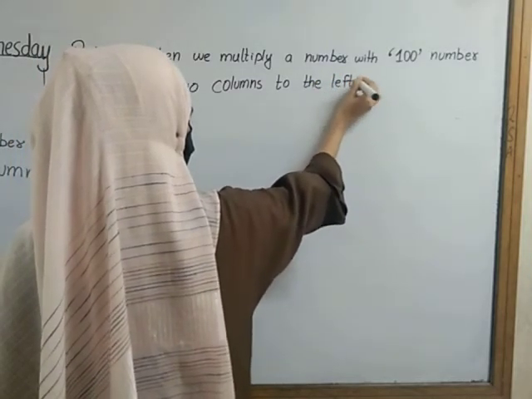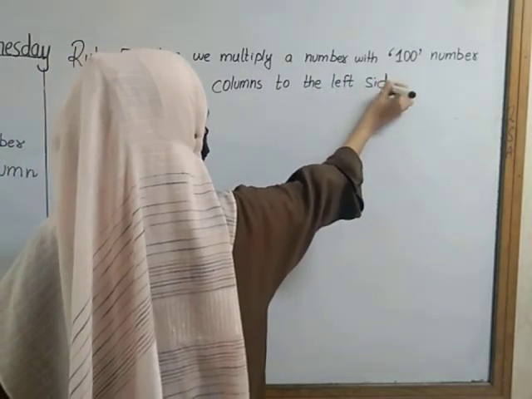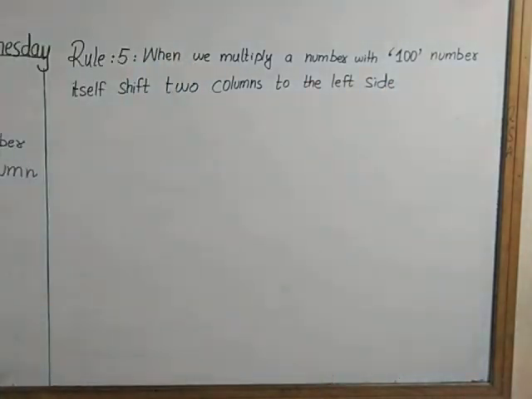Now, when we multiply a number with 100, we have 2 zeros in 100.